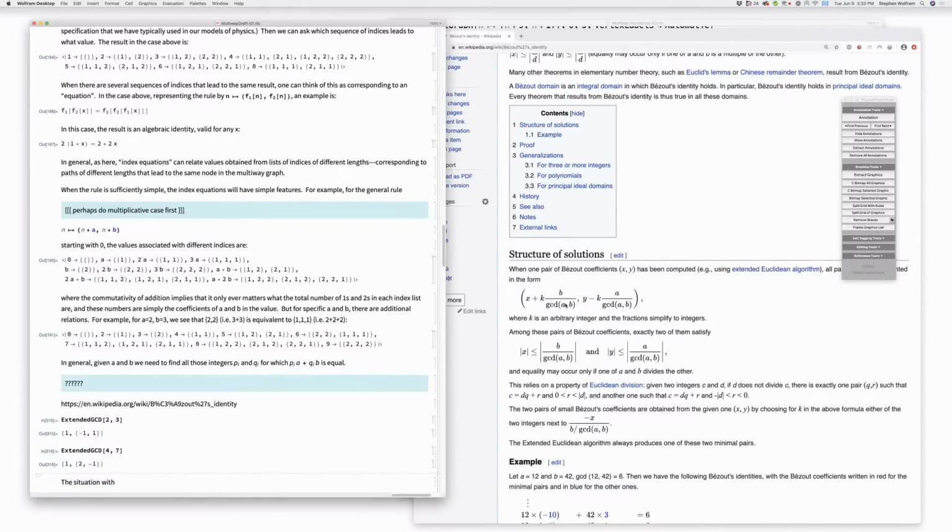Yes, they're your 4, 7 in those examples. So this one is 2, minus 1. Where's the 2, minus 1 coming in? Those are the x and y's. Correct.